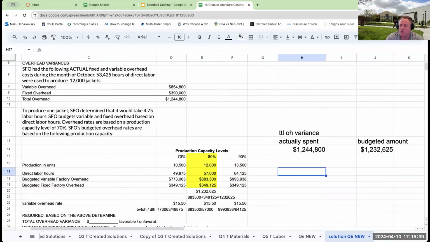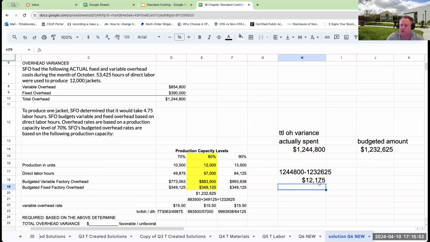So when I compare the actual amount of what I spent to what I should have spent, this difference here is going to be 12,175. Now, if I spent less than what I budgeted, that would be favorable, but that is not the case. I spent 12,175 more.